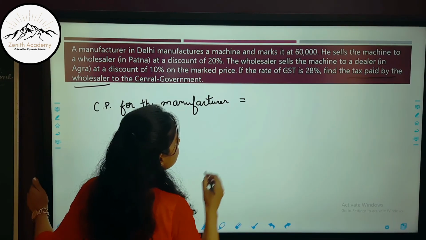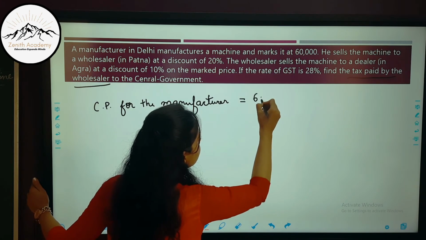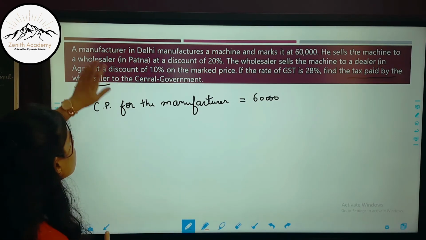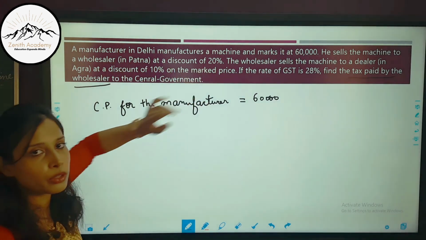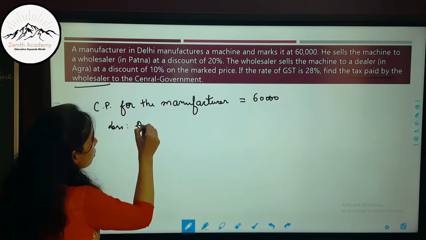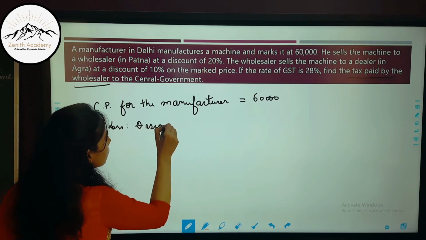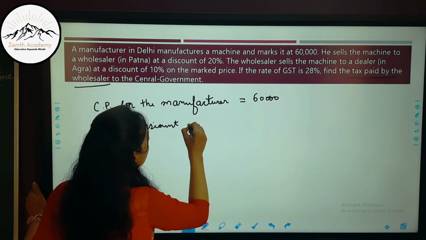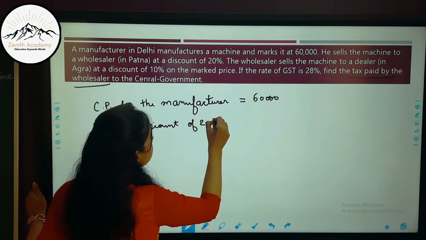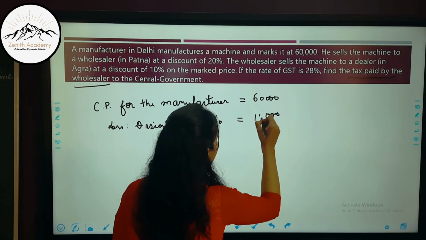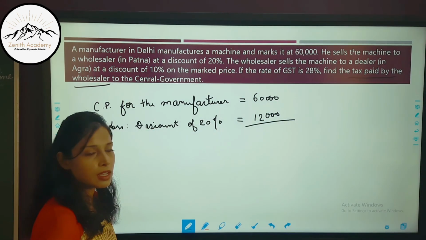So the cost price for the wholesaler: the manufacturer has marked it at rupees 60,000. He is selling to the dealer at a discount of 20%. So less discount at the rate of 20%, 12,000 rupees is the discount.